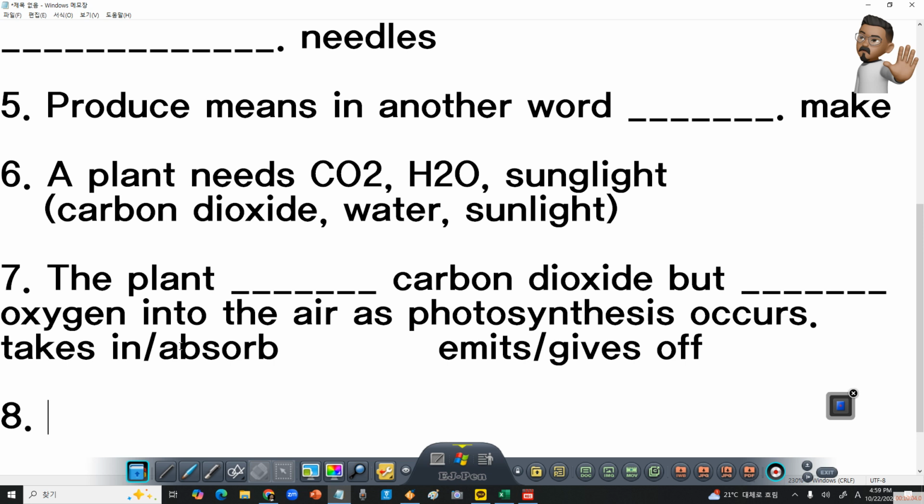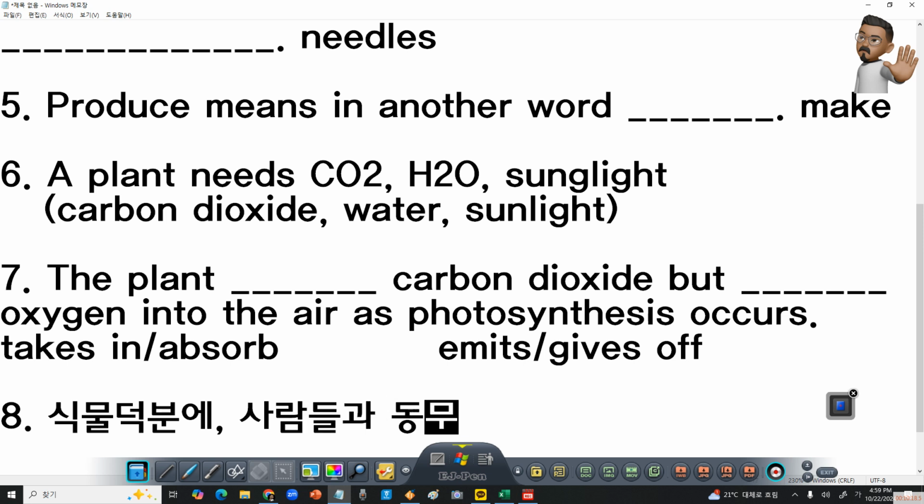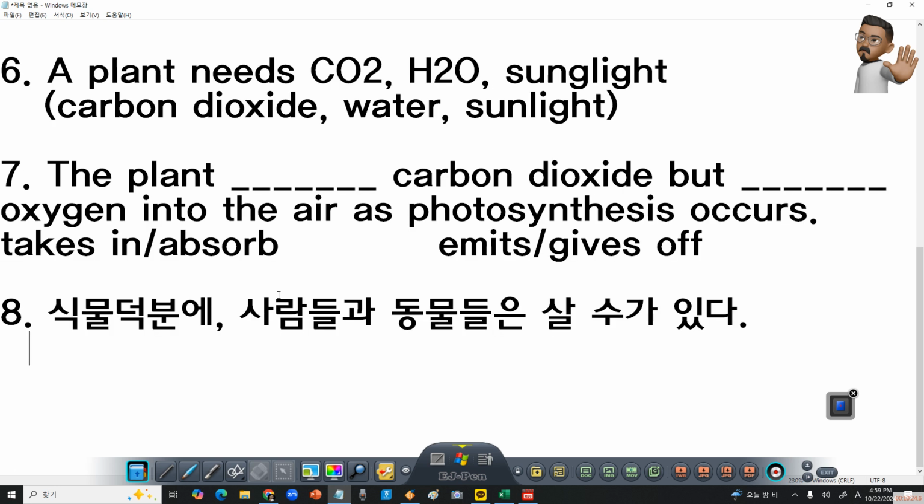All right. You write it down. 식물 덕분에 사람과 동물들은 살 수 있어. And you can compose this sentence.